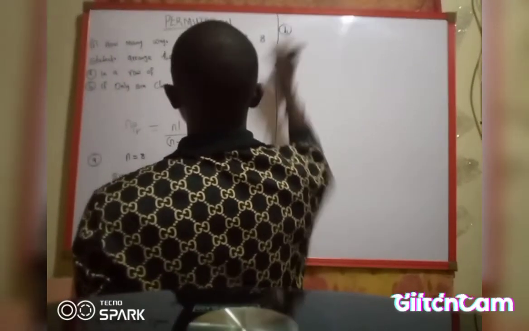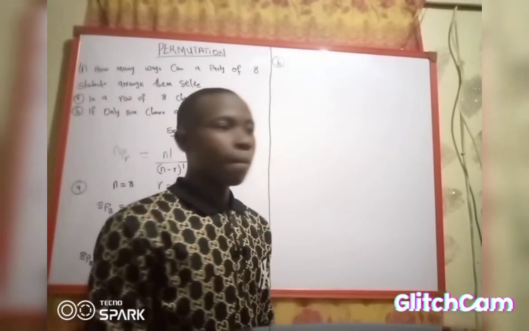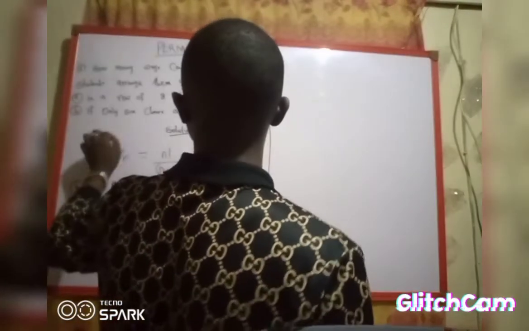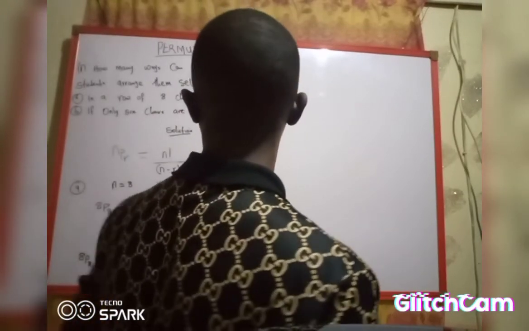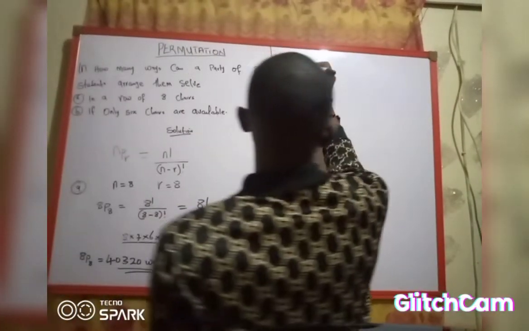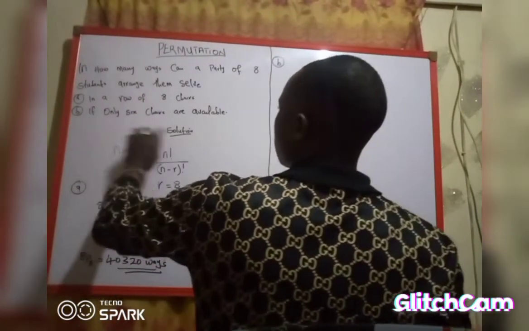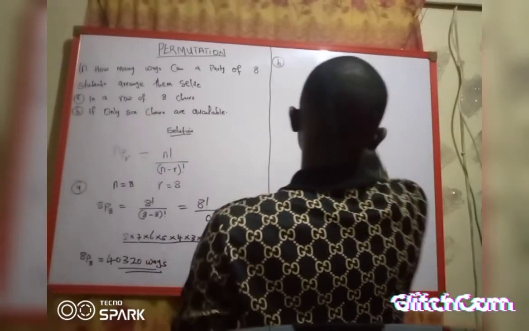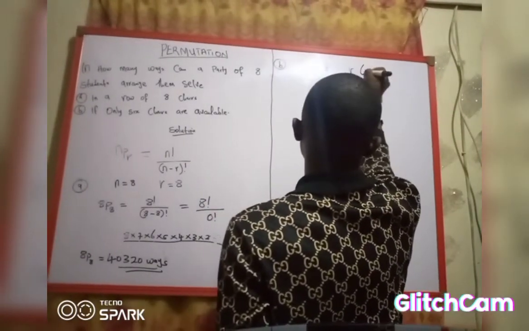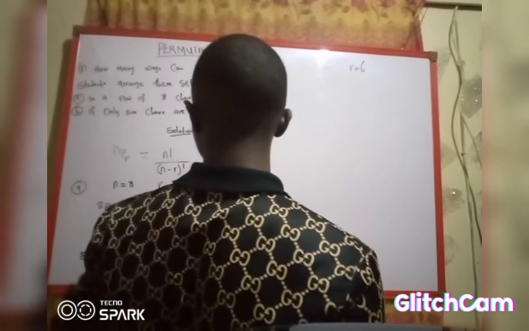So let us see number B. We say if only 6 chairs are available. My n from the question is still 8, but my r, the number of arrangement here now, is 6. So let us use the same formula.